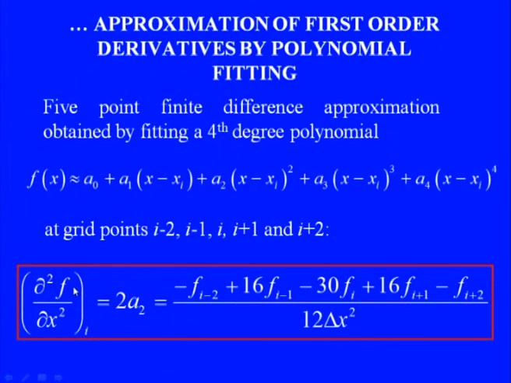Okay, so now let's summarize this result on our slide. Del 2f by del x squared at I is equal to twice of a2, which is minus f I minus 2 plus 16 of f I minus 1 minus 30 times f I plus 16 times f of I plus 1 minus f of I plus 2, divided by 12 delta x square.